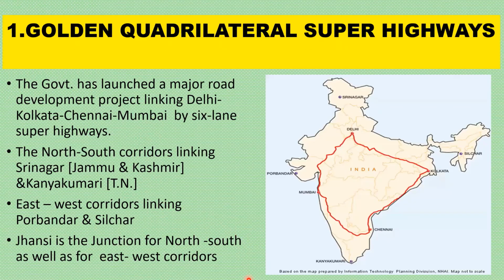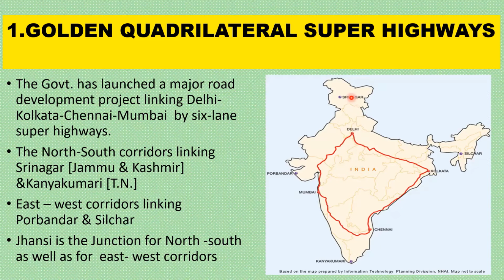Have a look at the Golden Quadrilateral Superhighways. The Golden Quadrilateral Superhighways link Delhi, Kolkata, Chennai, and Mumbai by 6-lane superhighways.